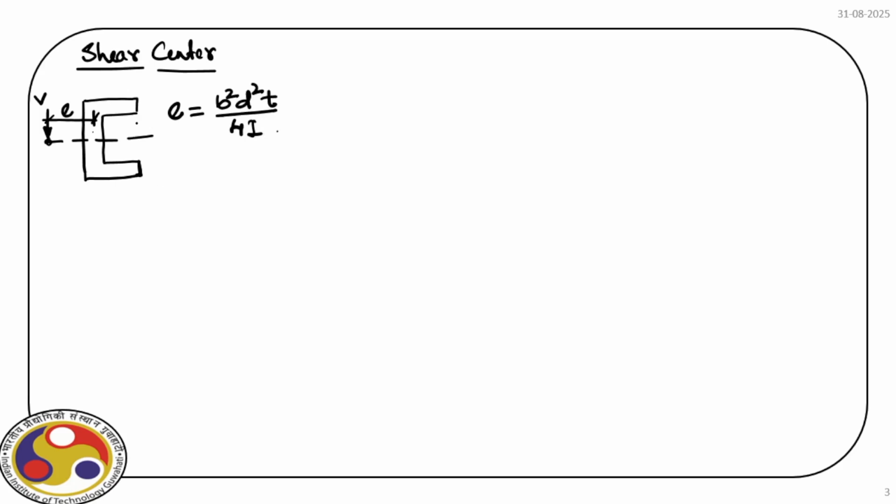And also in the previous lecture, we derived the expression for sigma x if the section has an arbitrary cross section, and for that the expression is (y Iy minus z Iyz) divided by (Iyz square minus Iy Iz) times the moment.